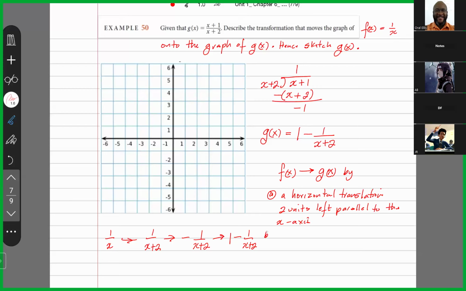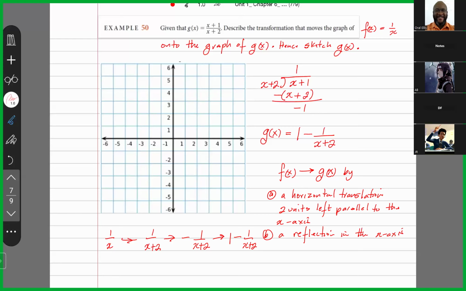The second transformation is when you move from 1 over x plus 2 to minus 1 over x plus 2, that is a reflection in the x-axis.